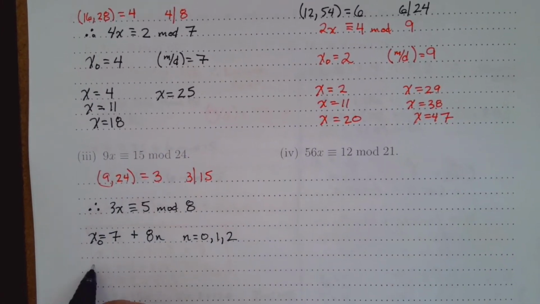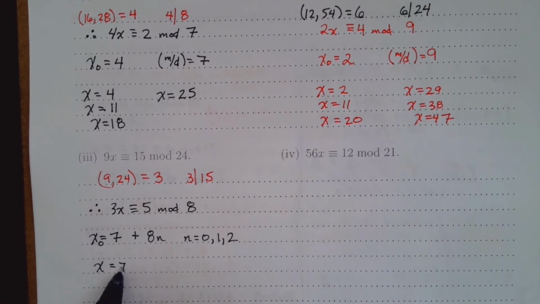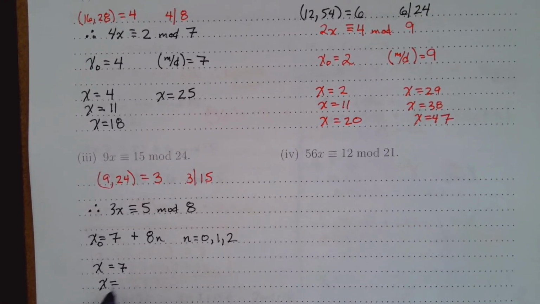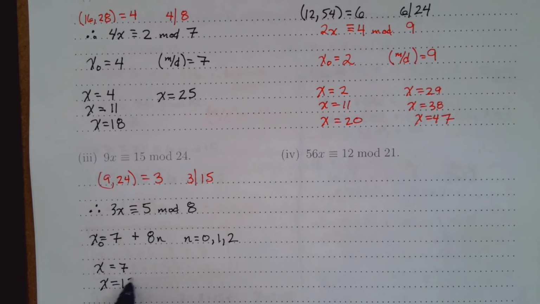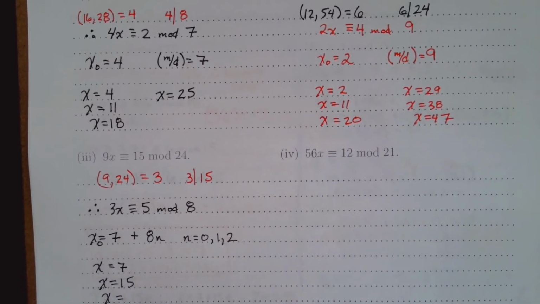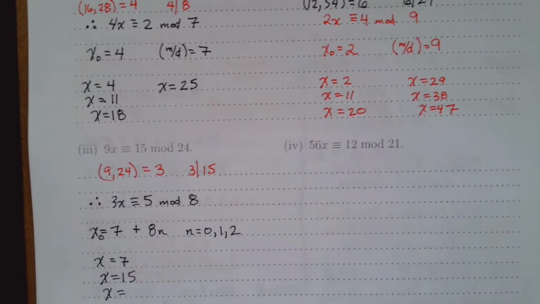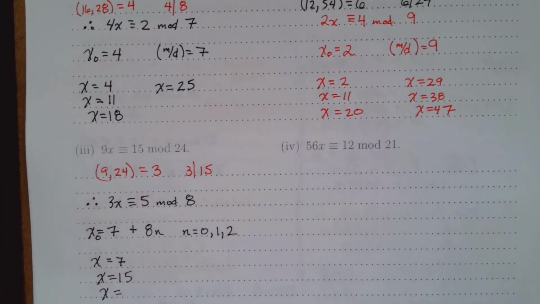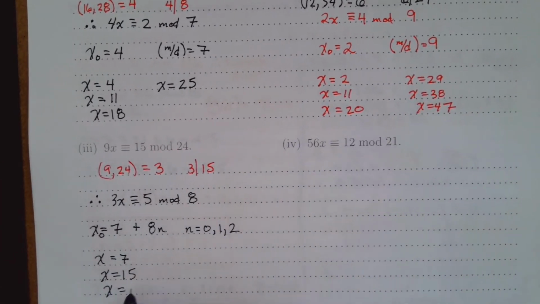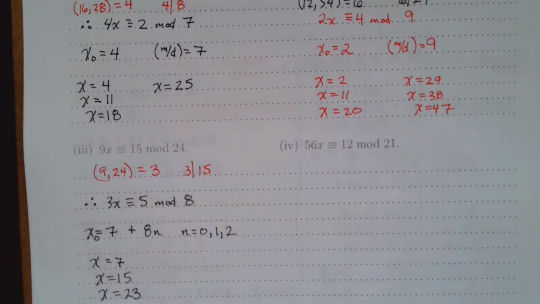So that means my 3 incongruent solutions will be x equals 7, x equals 7 plus 8, which will be 15, and x equals 15 plus 8, which would be 23.